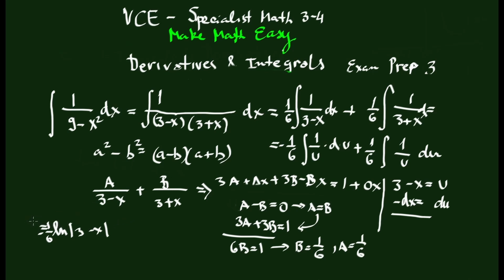That equals minus 1/6 ln of 3 minus x, plus the second one, 1/6 ln of 3 plus x, plus c.